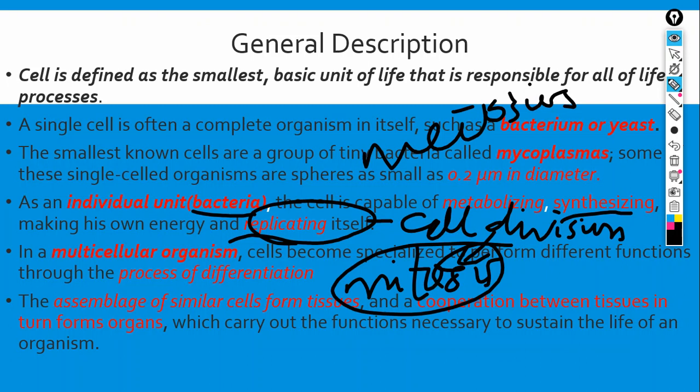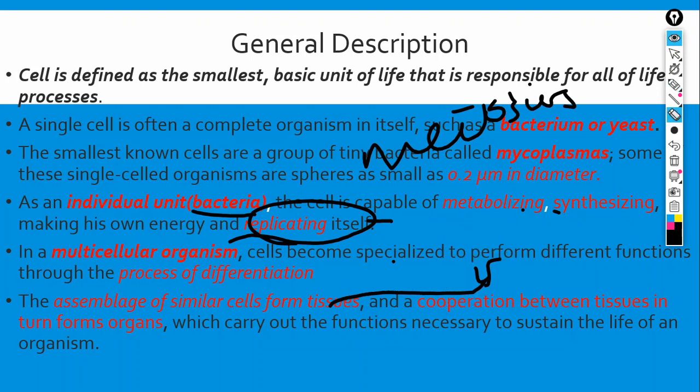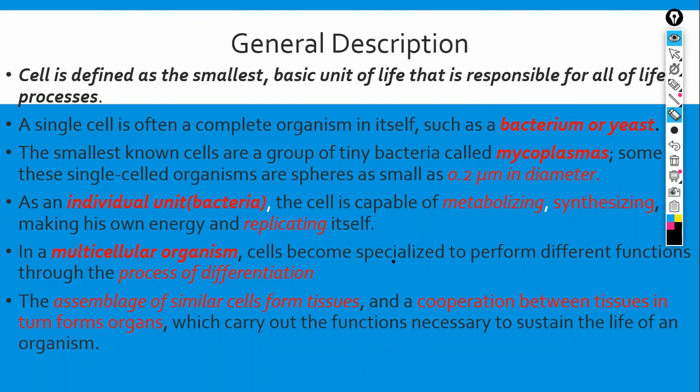But if it's just to replicate itself by cell division, it's going to be a mitotic one, mitotic cell division. So that is the way the organism multiplies itself by mitotic cell division. But if it's an organism that undergoes sexual reproduction, it's going to be undergoing meiotic division. And remember, I'm going to link the video where I talked about meiotic and mitotic division down in the description below.